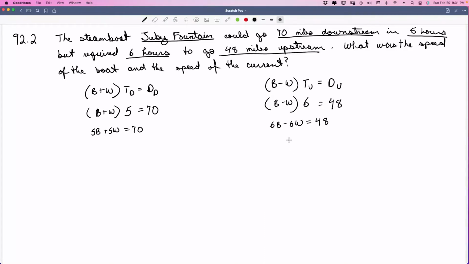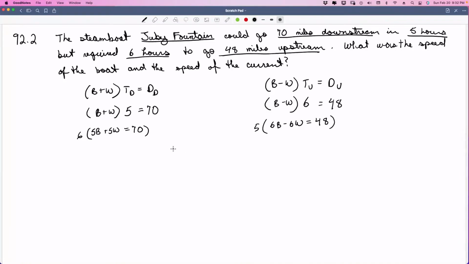Now, you and I both know that we have to have a number that is going to allow us to use elimination. So we're going to multiply both of these by the opposite coefficient. So I'm going to multiply this one by 6, and I'm going to multiply this one by 5, and I'm going to write them here in the middle when I complete them.